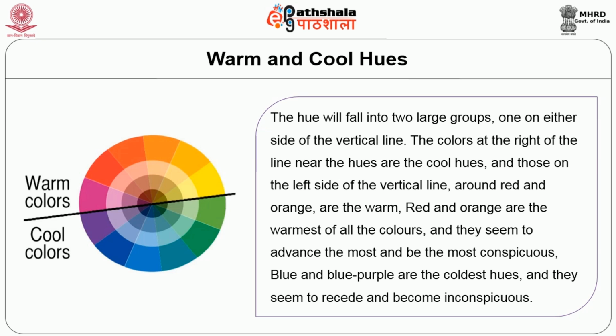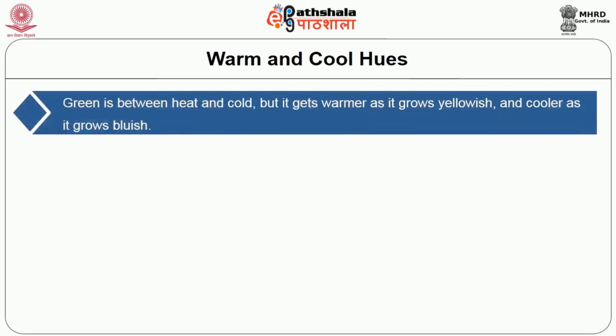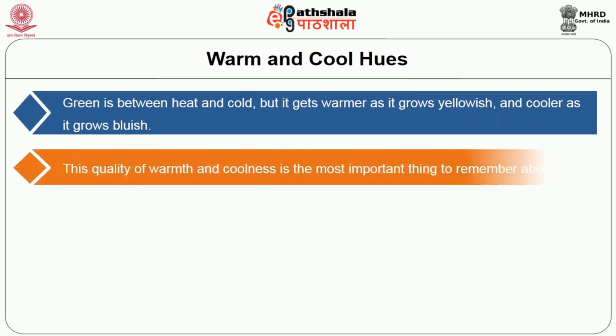Blue and blue-purple are the coldest hues, and they seem to recede and become inconspicuous. Green is between heat and cold, but it gets warmer as it grows yellowish and cooler as it grows bluish. This quality of warmth and coolness is the most important thing to remember about hues.